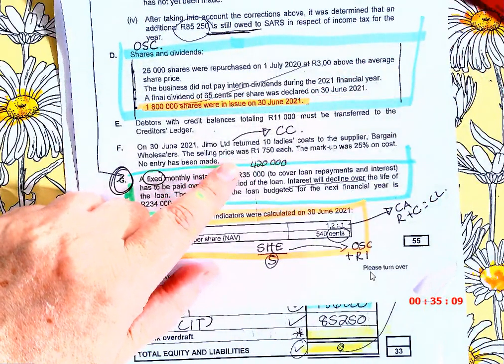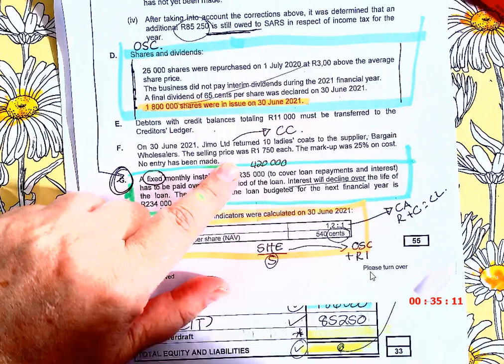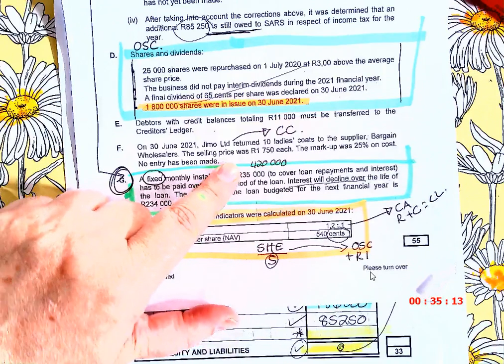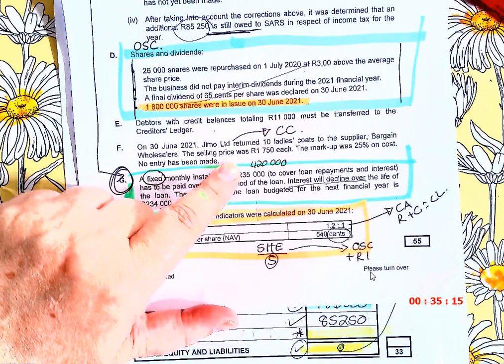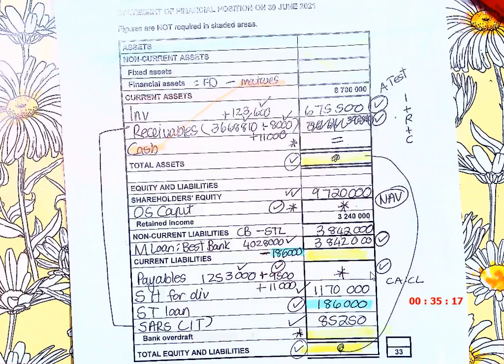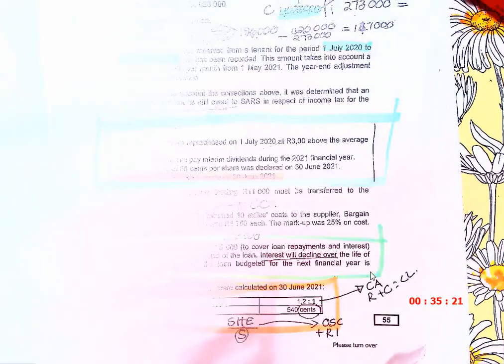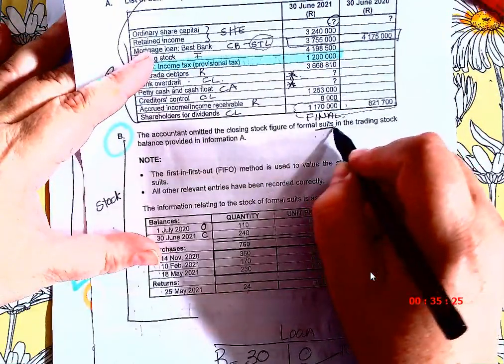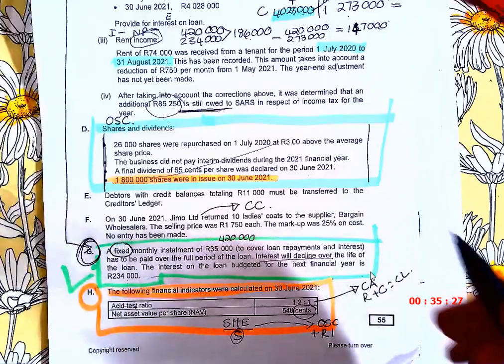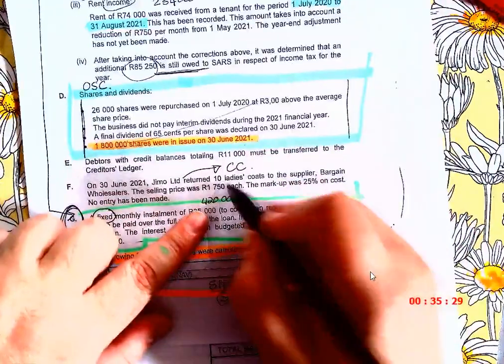The selling price was once, and can you see now you immediately think, oh, but are all my calculations at the start now wrong? Because I did stop. And you go into a conundrum. But if you look here, can you see this is for suits? Okay? And this is for lady coats.